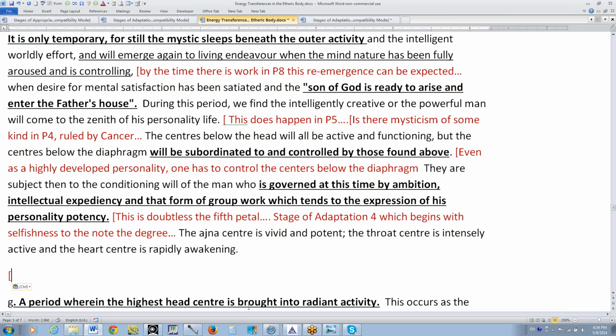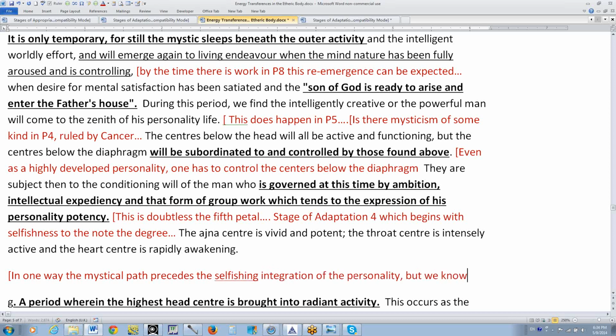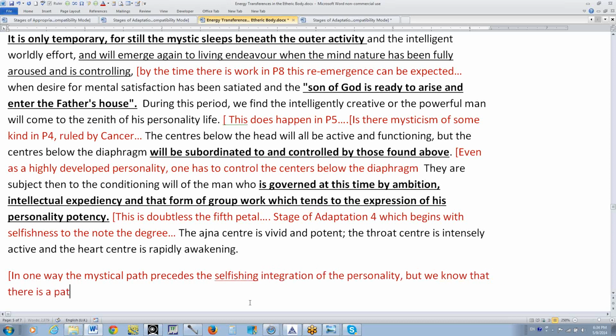In one way, the mystical path precedes the selfish integration of the personality, but we know that there is a path of mysticism which definitely follows the stage of selfish, or well, how does he call it?